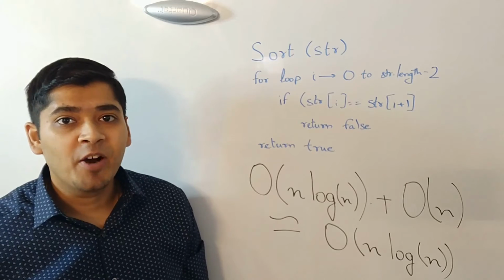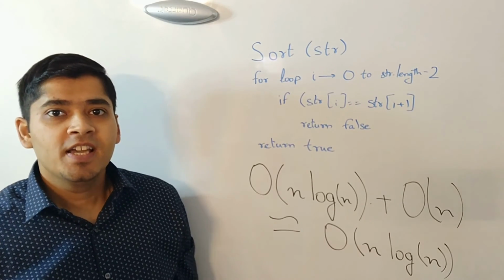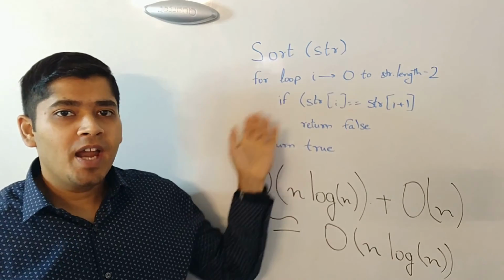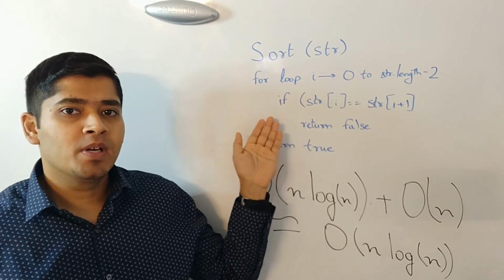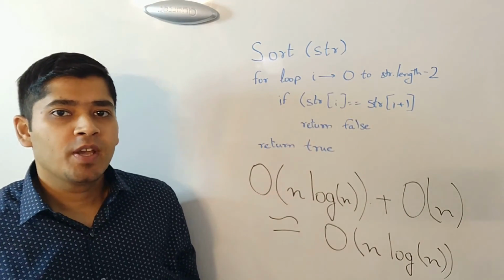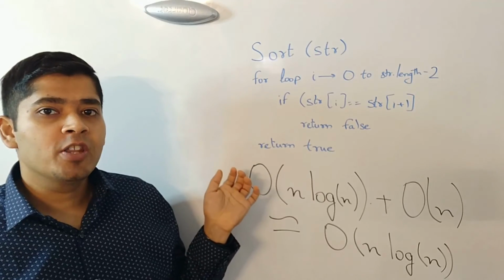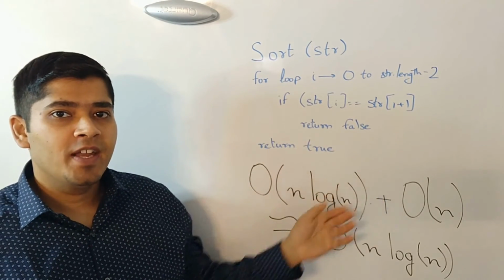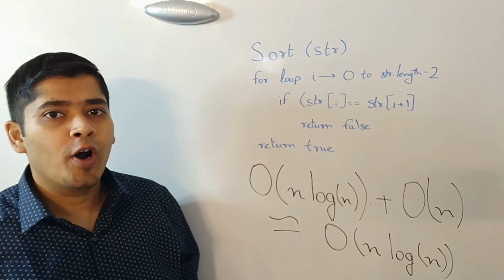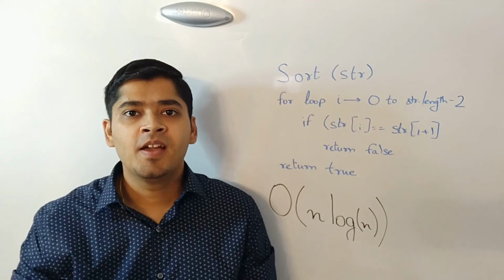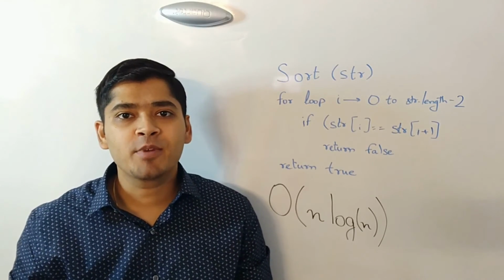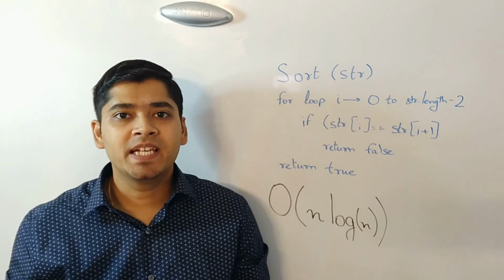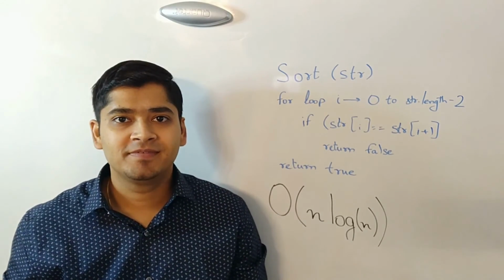What's the algorithmic complexity of this solution? Since sorting usually takes O of n log n, and we are running a for loop from 0 to the end of the string, we can say that the algorithmic complexity is O of n log n plus O of n, which is equivalent to O of n log n. So this solution's runtime complexity is O of n log n, and the space complexity is O of 1.